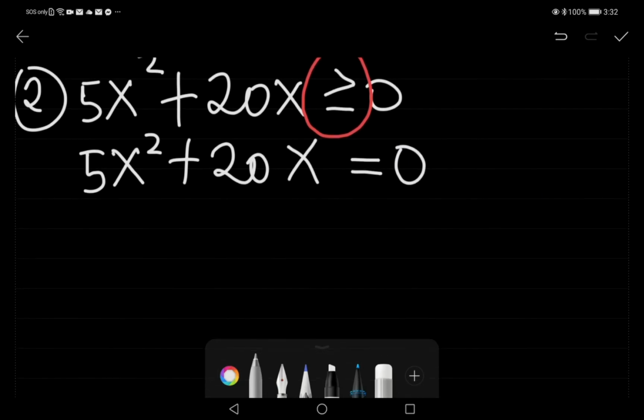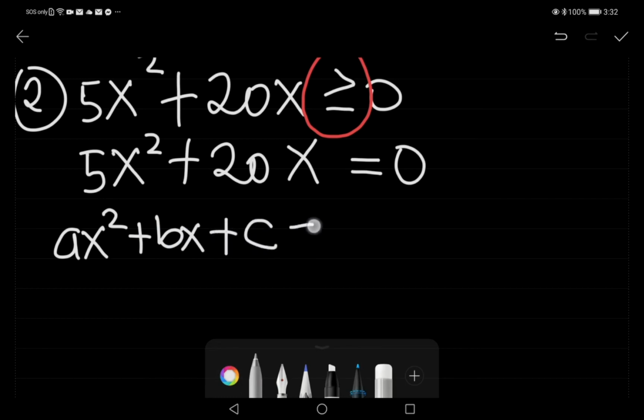So the standard form of quadratic equation is ax squared plus bx plus c equals 0. So ang atong a is 5, ang b is 20, nya wala may c diha, ato na siyang butangan og 0.